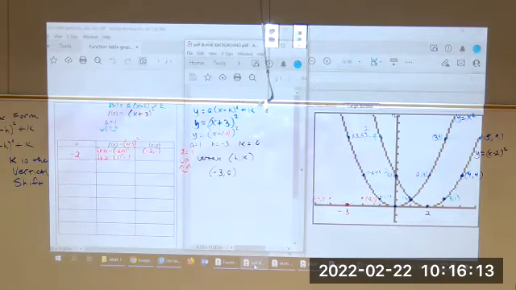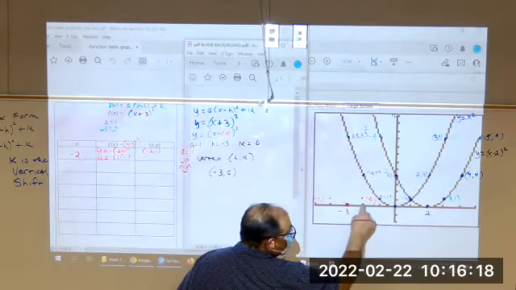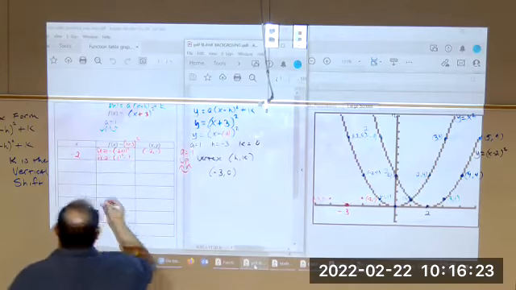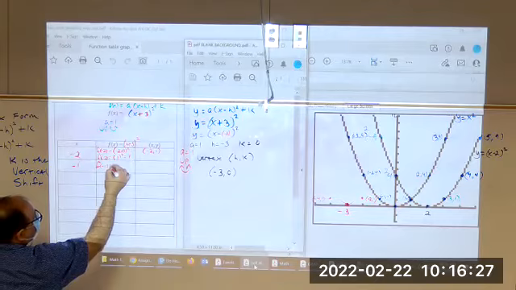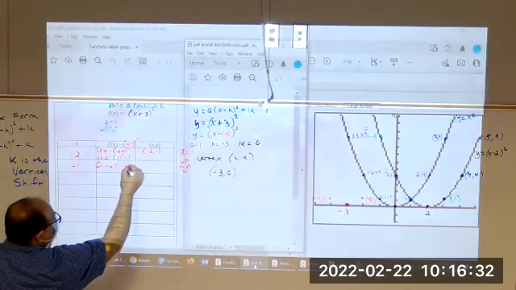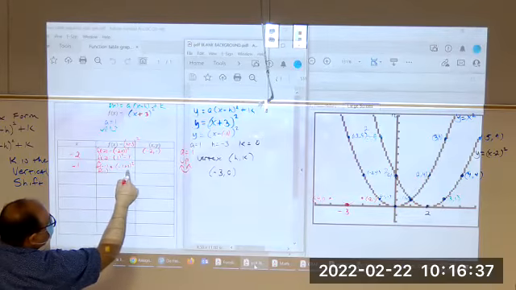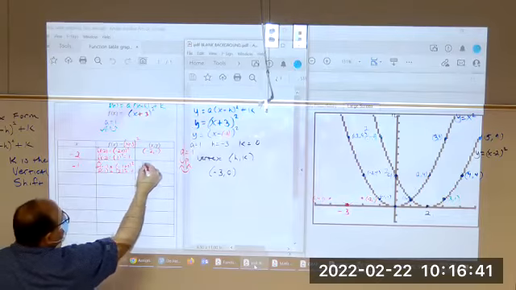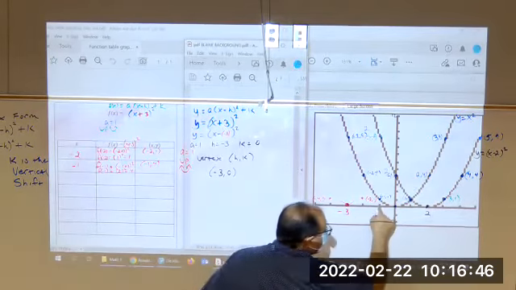You need 5, I got 3. I need to plug in 1 more number. I plugged in -2, so now I'm going to plug in -1. Parentheses -1 plus 3 squared. So f of -1 is equal to +2 squared, and that's a 4. When -1 goes in, it's 4.